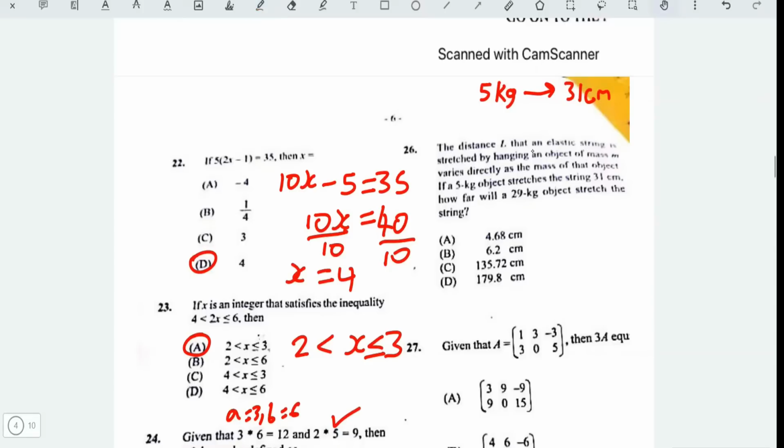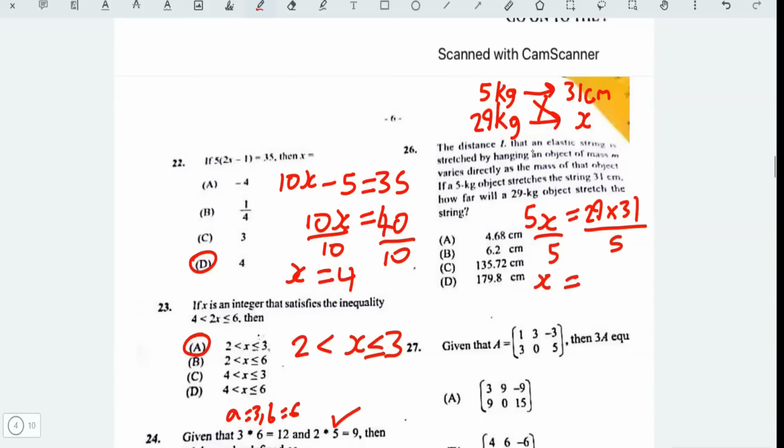How far will 29 kilograms stretch it? 29 kilograms will go to X. If you cross multiply, you get 5 times X is 29 times 31. To make X the subject, it's 29 times 31 divided by 5.